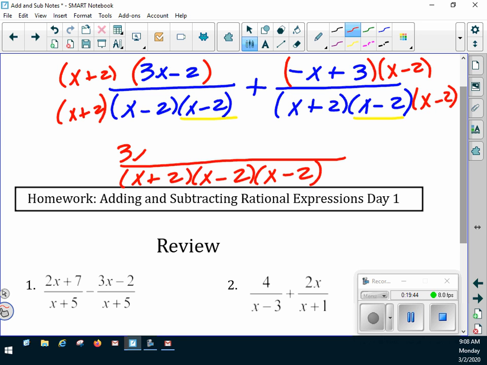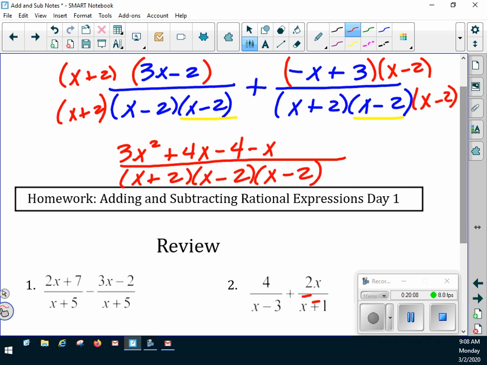3x squared. What's outside? Minus 2x plus 6x. What's minus 2x plus 6x? Plus 4x. Say again? Minus 4. Now we're going over here. What's negative x times x?